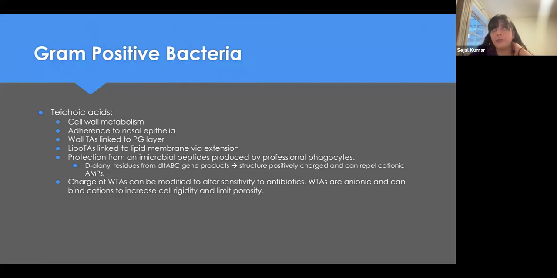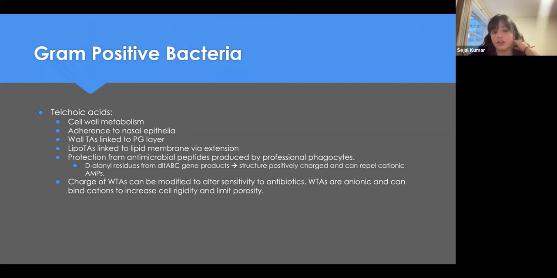So basically, they provide protection because you can modify their charge. So, for example, I think I've given an example of D-alanine residues from DLT ABC gene products. When they attach to the TAs, they can make the structure more positively charged, and this can repel the antimicrobial peptides.